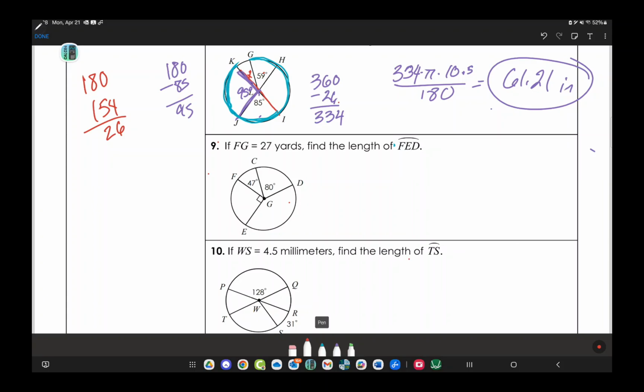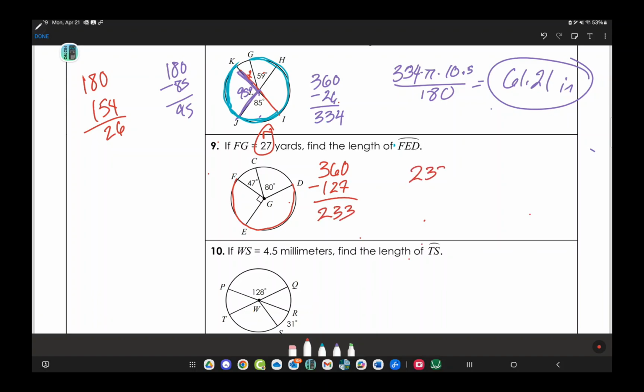All right. FG, that is the radius, so this is your R value. Find the arc length of FED, so FED here. Well, that's a little bit easier. These two add together gives you what? 127, and 360 minus 127 is 233.